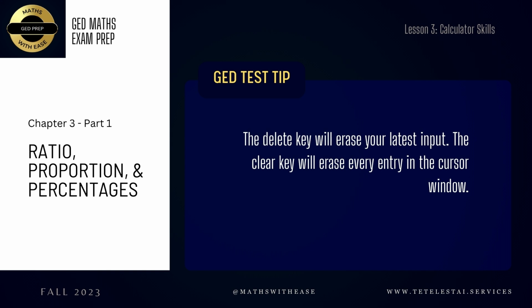So maybe press the left arrow to move 2 entries over, and then maybe the issue is in your numerator, so you would press the up arrow, and then you want to press the delete key, not clear, because clear would erase the entire memory.